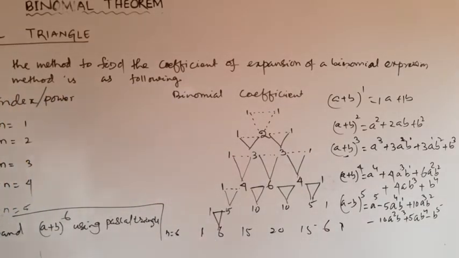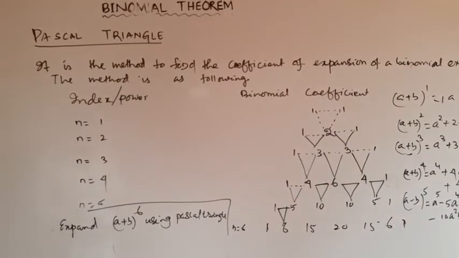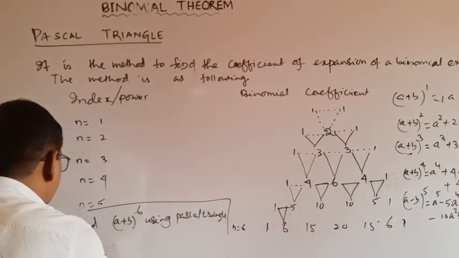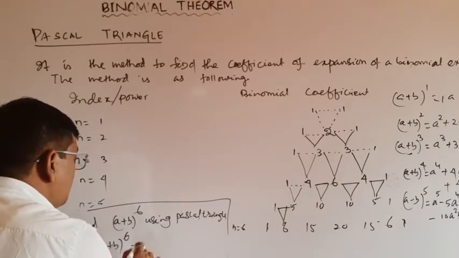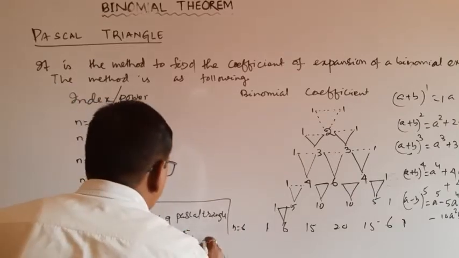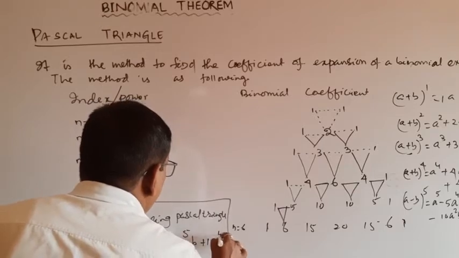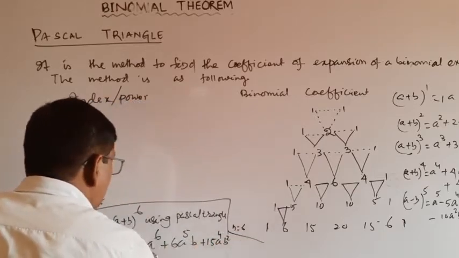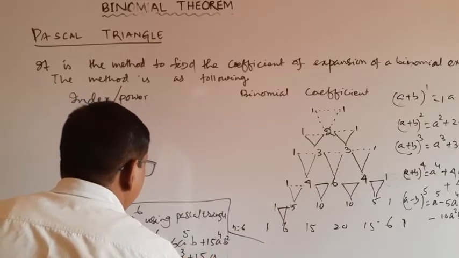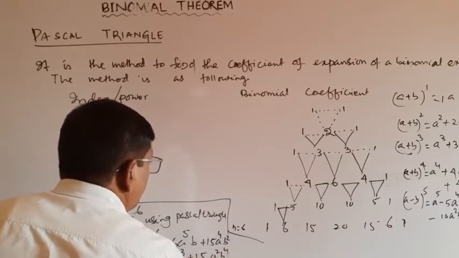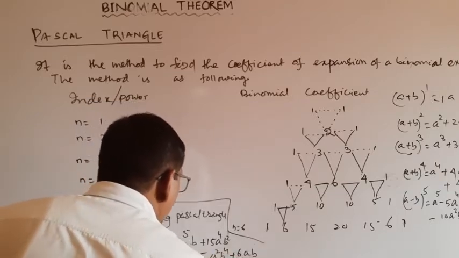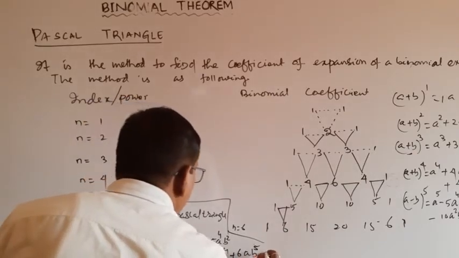Now the solution is (a plus b) whole to the power 6 is equal to a to the 6 plus 6 into a to the fifth b plus 15 into a to the fourth b square plus 20 into a cube b cube plus 15 into a square b fourth plus 6 into a b to the power 5 plus b to the power 6.